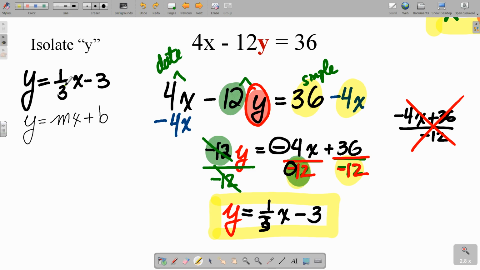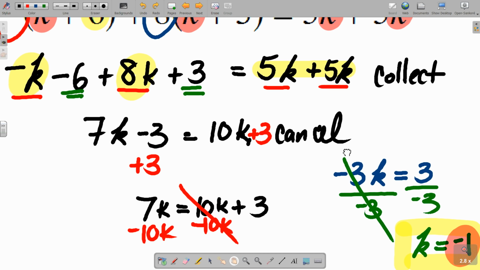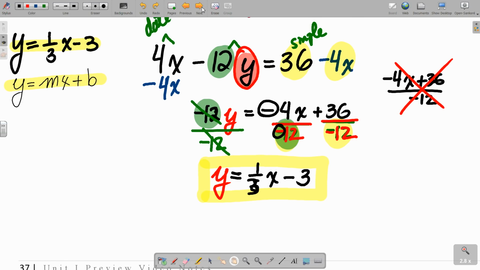Reason I put the x first, y equals 1/3 x minus 3, because now it's in y equals mx plus b form, which is the slope-intercept equation of a line. Solving for a variable, isolating a variable.